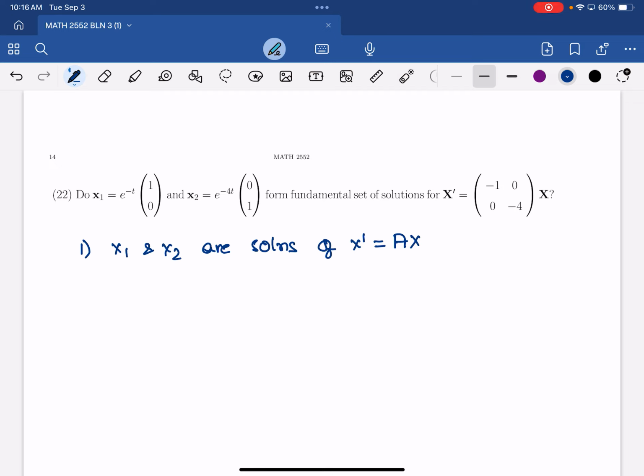Two, x1 and x2 are linearly independent. So I can conclude based on number 1 and 2 that x1 and x2 form a fundamental set of solutions.